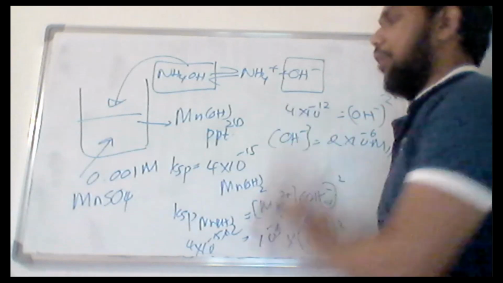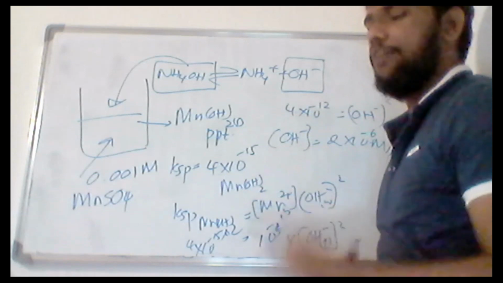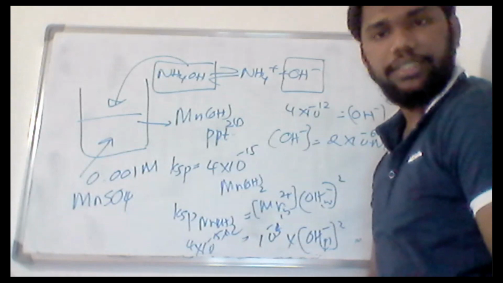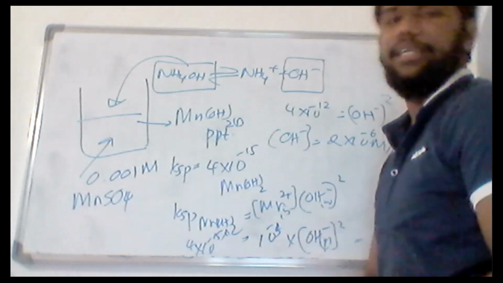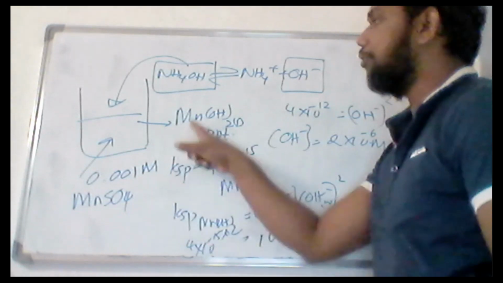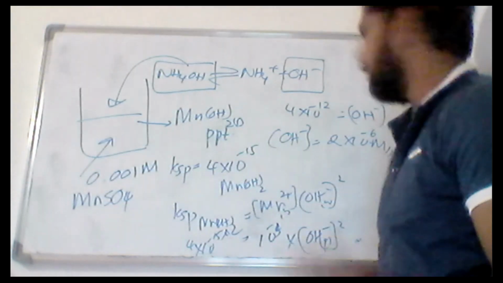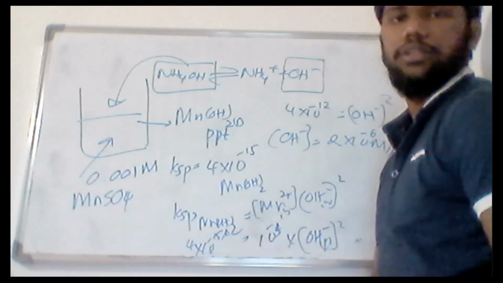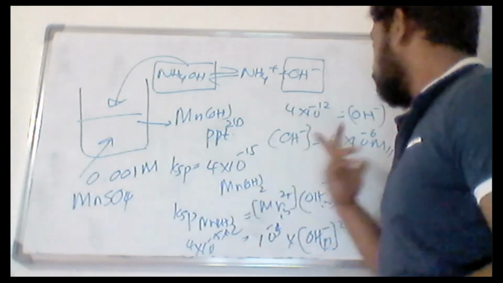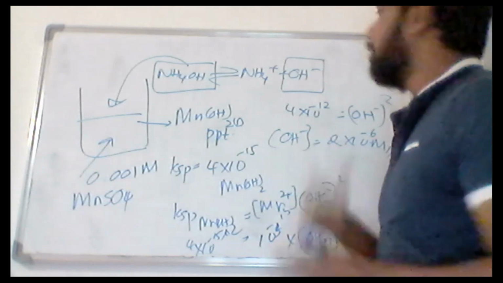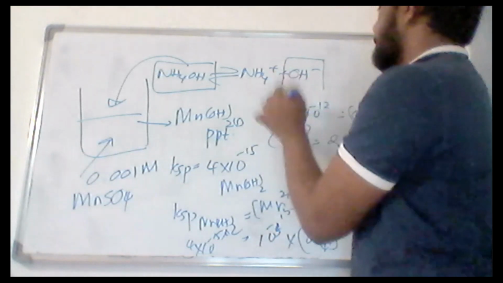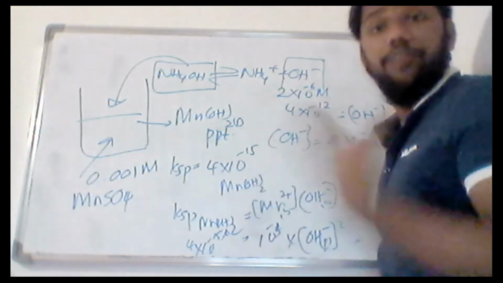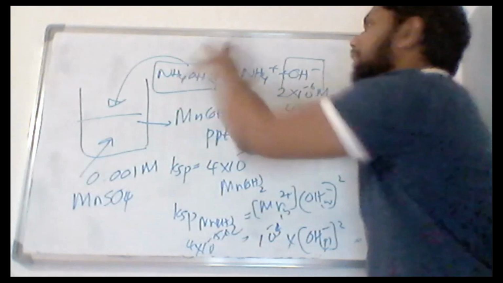Okay. So as a first point, I have found the minimum OH minus concentration that is necessary in order to form this precipitate. That is 2 into 10 to the power minus 6 M. The second thing is, this will be the concentration formed after the dissociation.